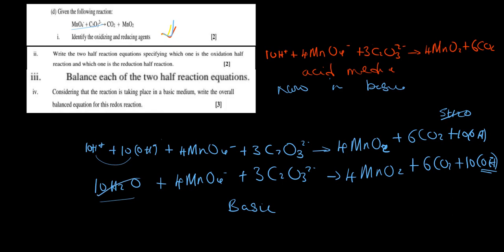So therefore the final answer would have 5 this side, because that's the number of water molecules we would have remained with, plus 4 MnO4, plus 3 chromium, like that, then that is 4.